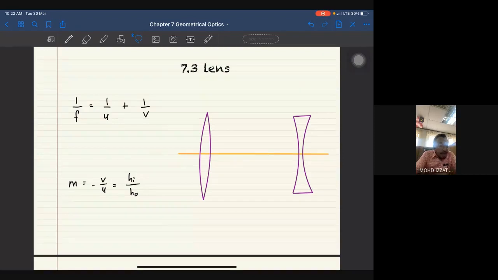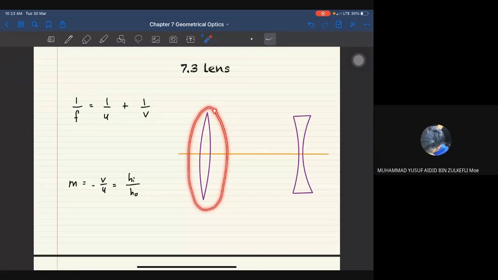Okay, so this is the last part of chapter 7, 7.3, the last lens. So, we still have similar formula, we still have two types of lens. Ingat lagi tak, ni nama dia apa ni? What's the name for this lens? Convex lens.